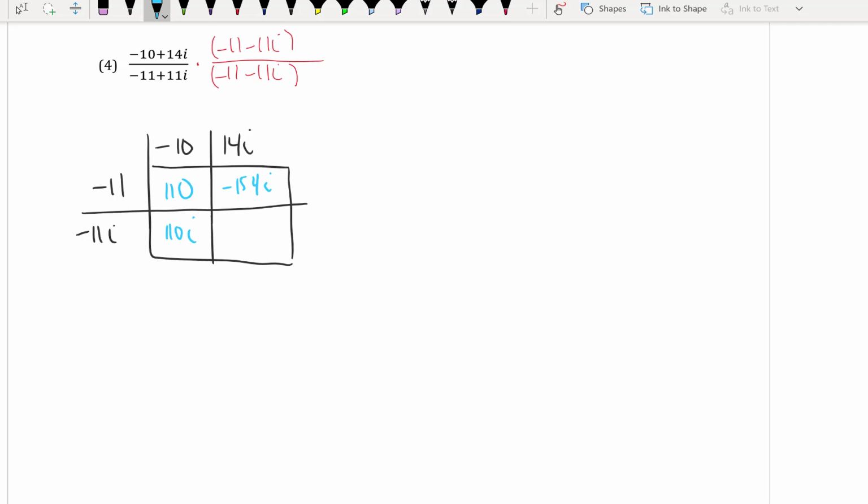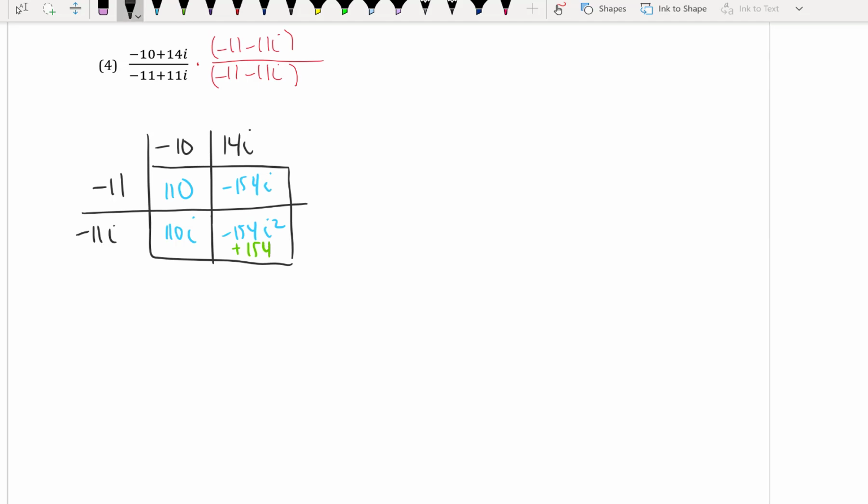And I have -11 times a 14, which is -154 i squared. When I reduce that, it's really a negative 1, so negative 154 times a negative 1 really becomes a positive 154.